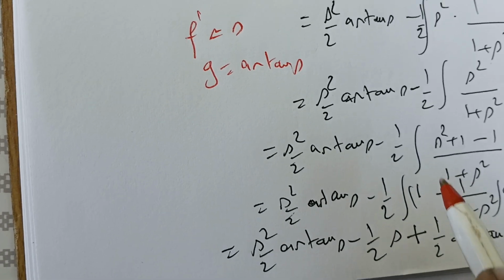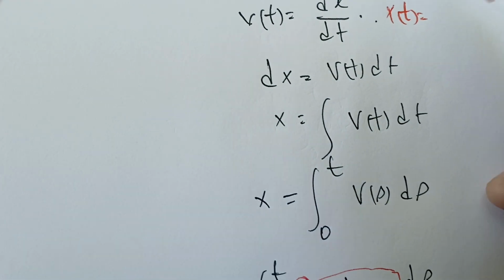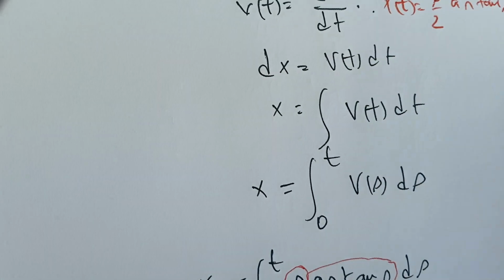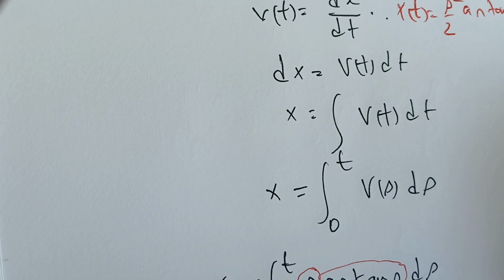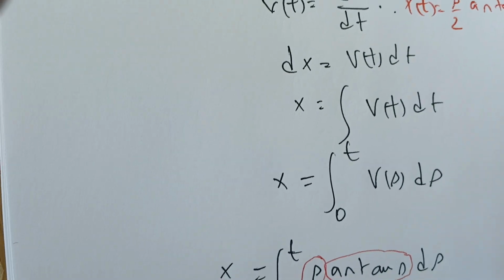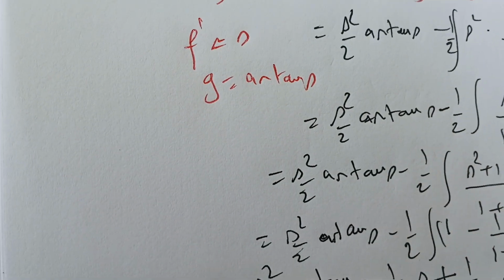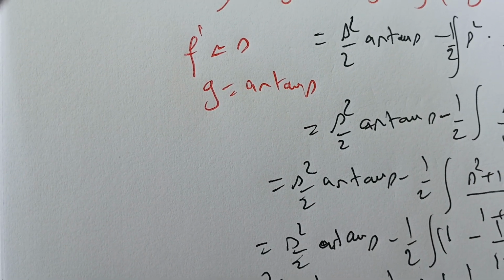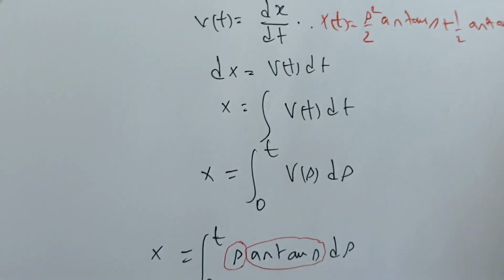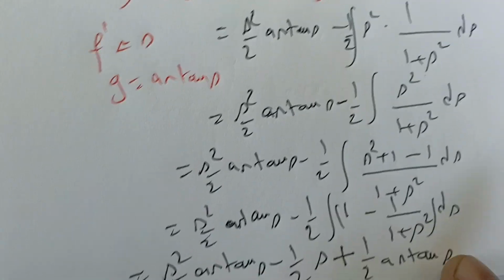So here I can go back and get x of t is s squared over 2 arctangent of s plus 1/2 arctangent of s minus 1/2 s. This is the value that I get. Now I evaluate between 0 and t, because I still have to add the constant or get the bounds.